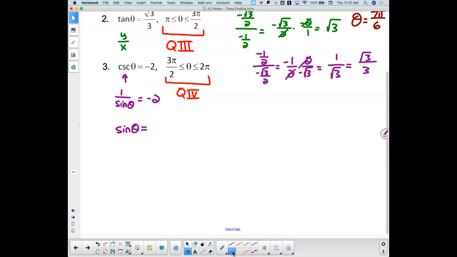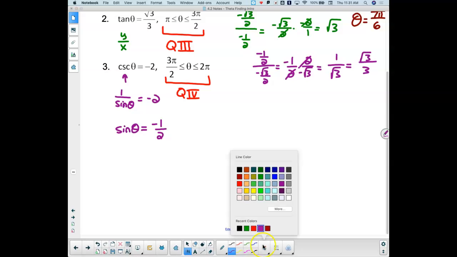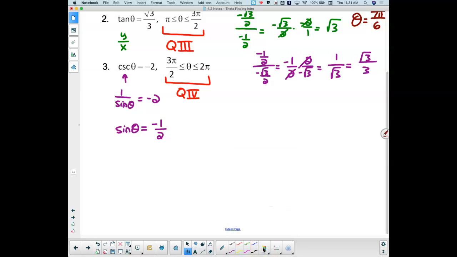Negative 1/2. So where in quadrant number 4 is sine equal to negative 1/2? Where are we at? 11 pi over 6. Yep. Okay? Agree?